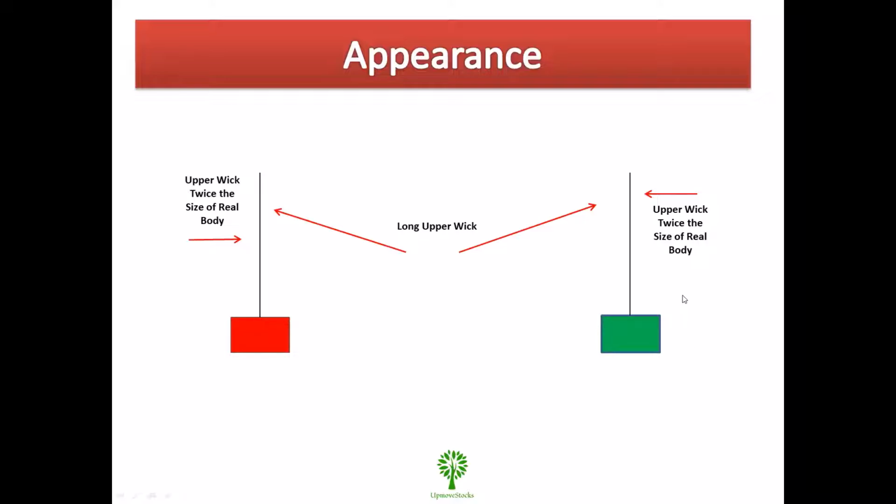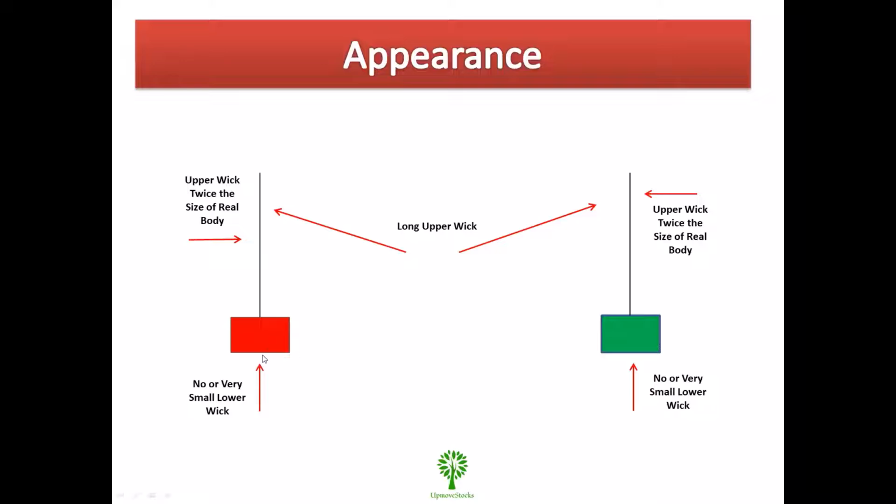Okay. So the third important characteristic of a shooting star candle is that it may or may not have a wick at the lower end. There is a possibility that you may not find a wick in this area. Normally you would see candles having wicks on both sides, the upper area and the lower area. But in a shooting star candle, the lower wick doesn't hold too much importance.